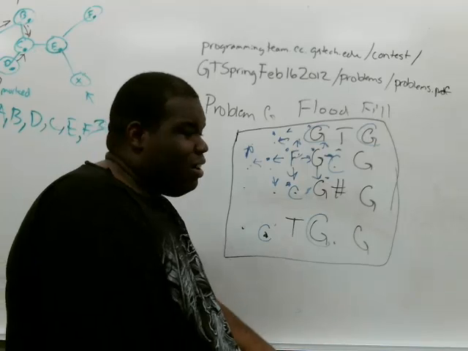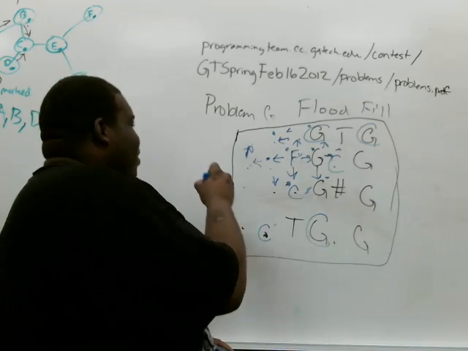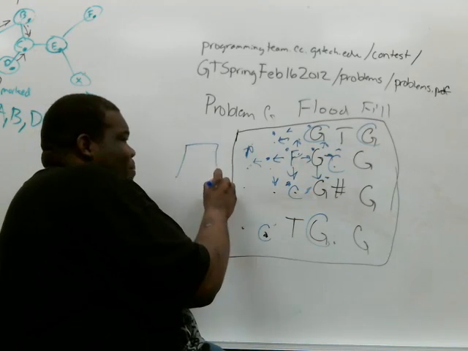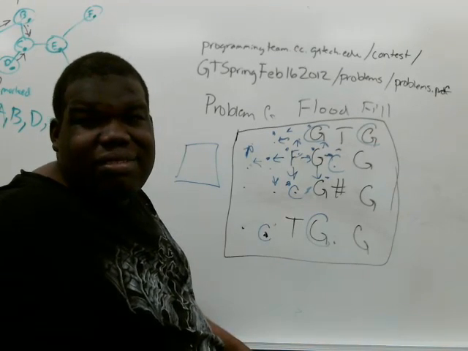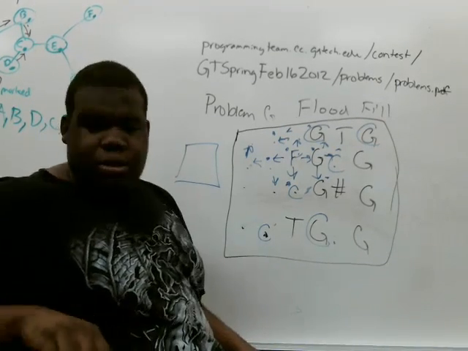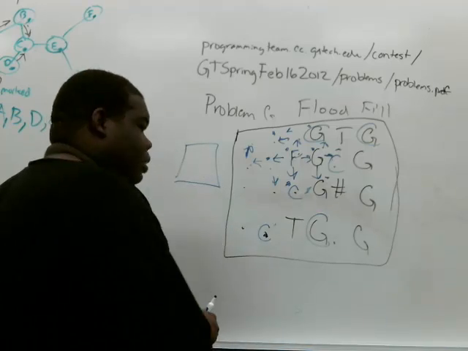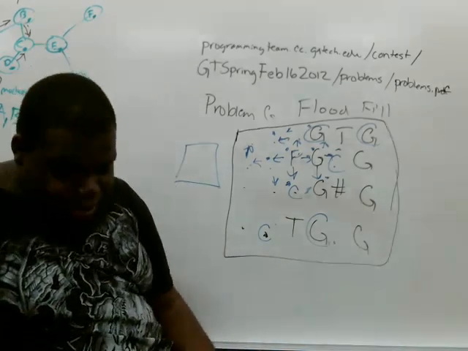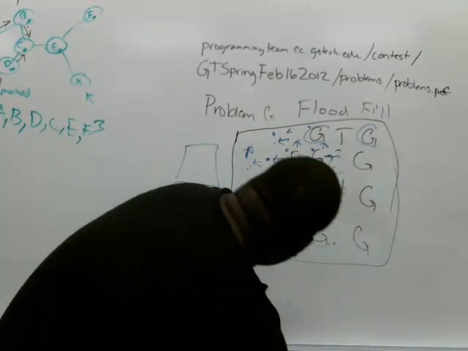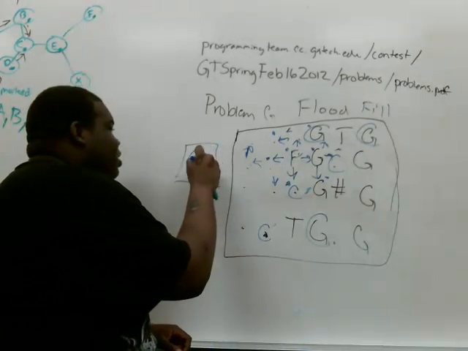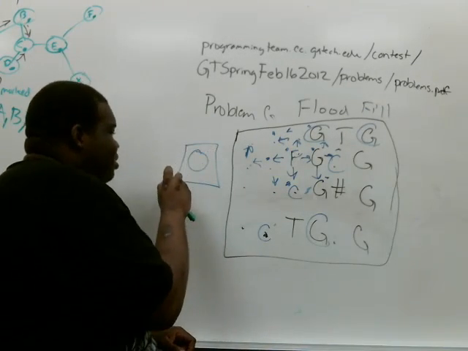A good way to demonstrate flood fill is, let's say that you were in paint. Let's see if you can see this. Markers. Where did my markers go? Say that you had a little picture. Here's my picture.